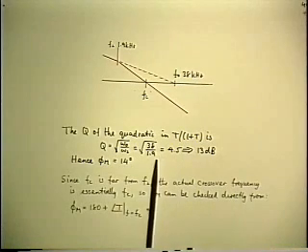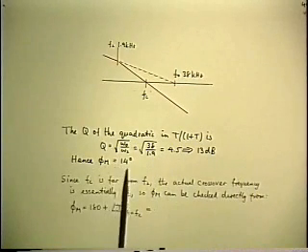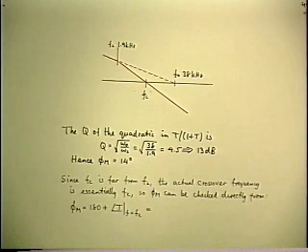So if I build it on the bench, at least it's going to be stable because the phase margin is positive, even if it isn't small enough. So I went into the lab and I built it with those numbers, and I turn on the power and disaster strikes.